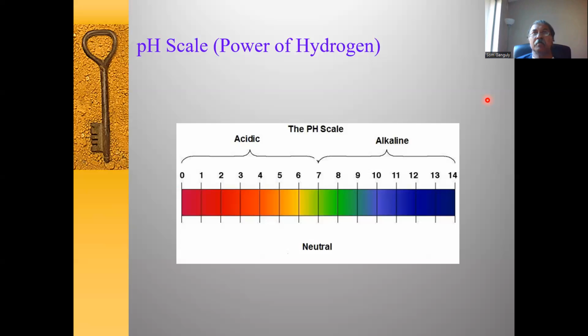Otherwise, sperm cells, these are individual cells, they die. So the prostate gland creates that alkaline fluid, lots of it, and covers each sperm with the alkaline, high pH fluid.